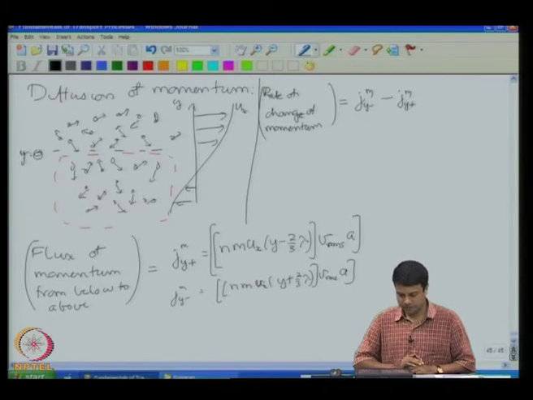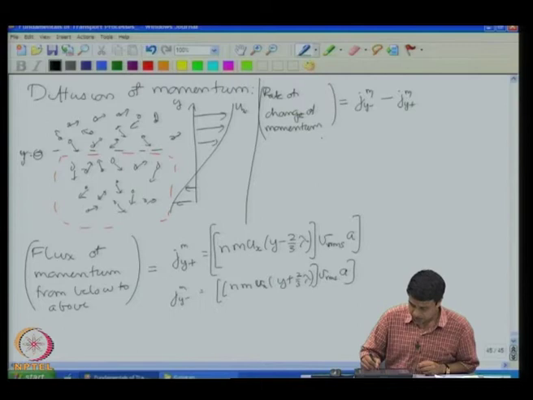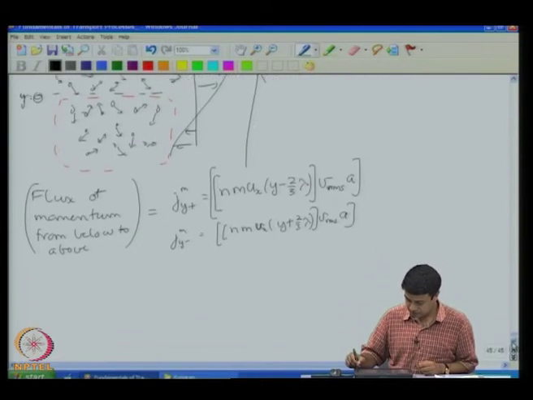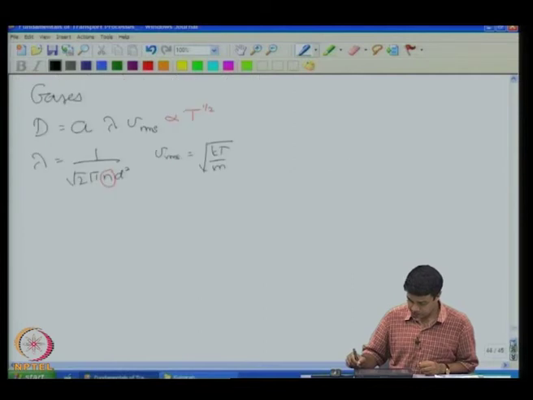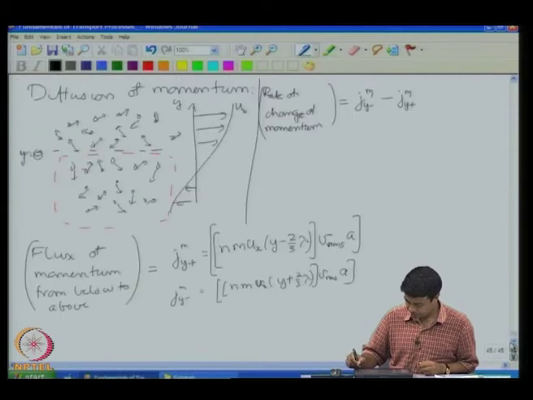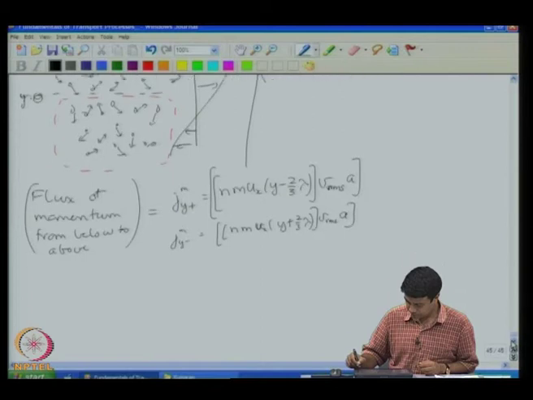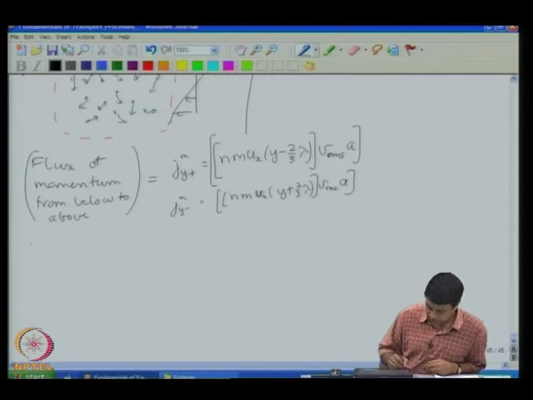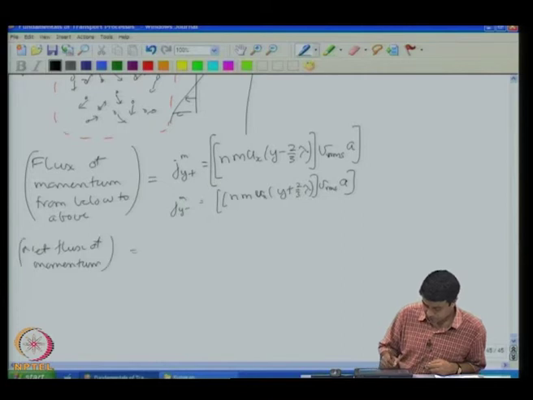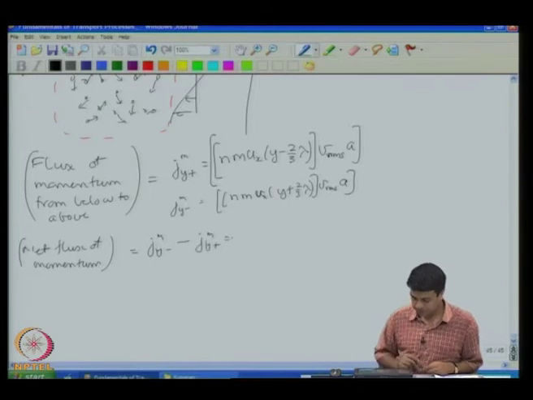Therefore, the net flux of momentum is equal to J y m minus J y m plus.